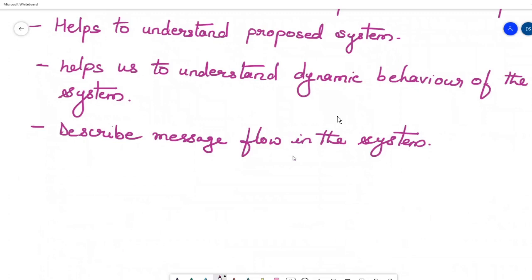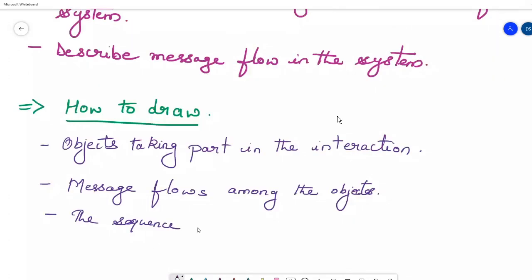So we can say that message flows among the objects, and the sequence in which the messages are flowing.